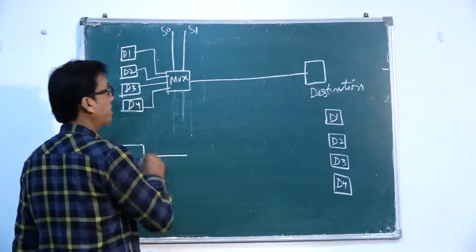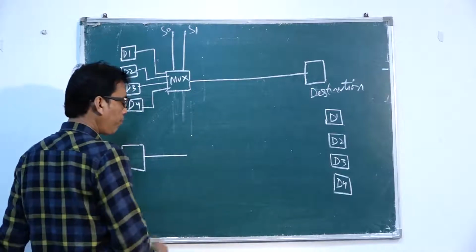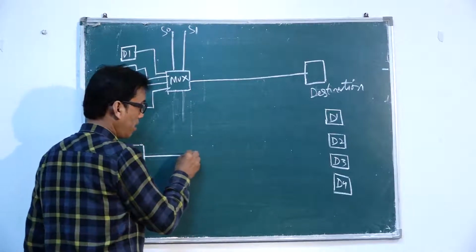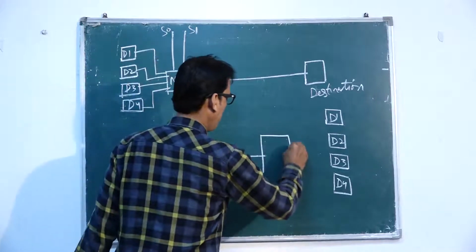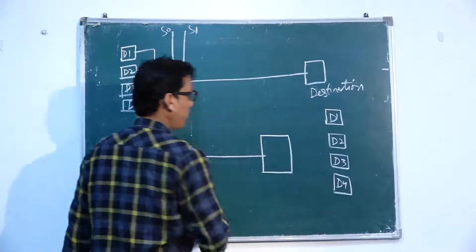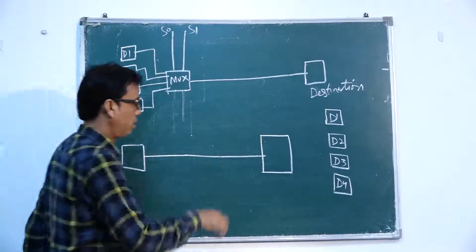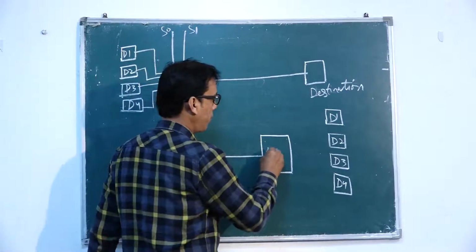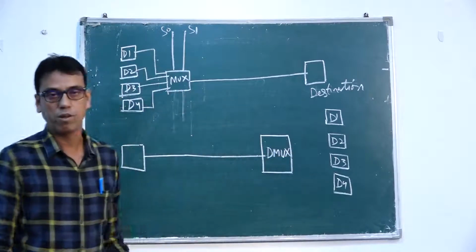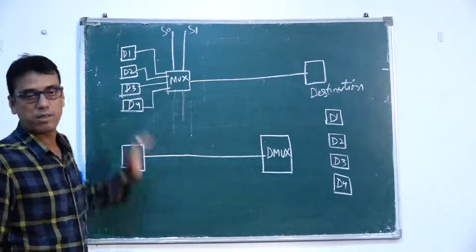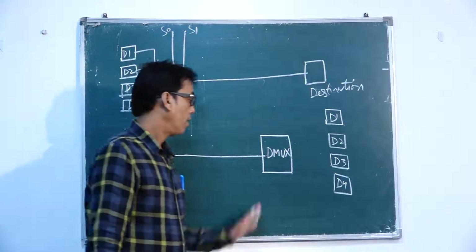This is the data sending line reached here, and here we have demux. I am drawing a large picture of demux because in this session we have to learn demux, because we have already learned mux, multiplexer.